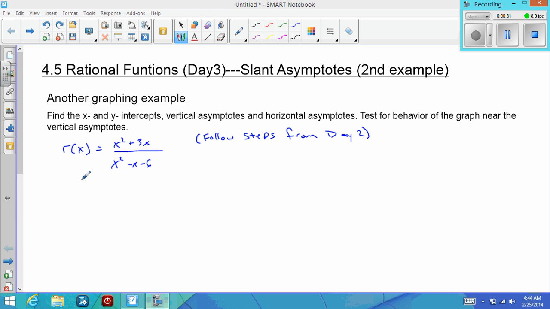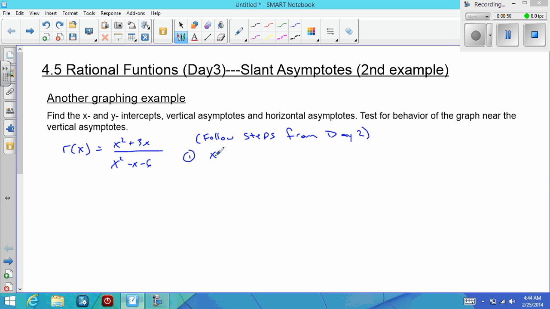So here we have the rational function r of x equals x squared plus 3x over x squared minus x minus 6. And what we're going to do is follow the steps from Day 2. So the first thing we need to do is factor each polynomial. The numerator is x squared plus 3x. We have an x in each term.